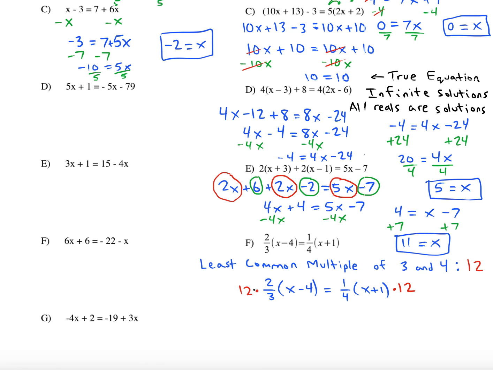So if you do 12 times 2 over 3 here on the left, you'll get 8. And if you do 12 divided by 4 on the right, you'll get 3.